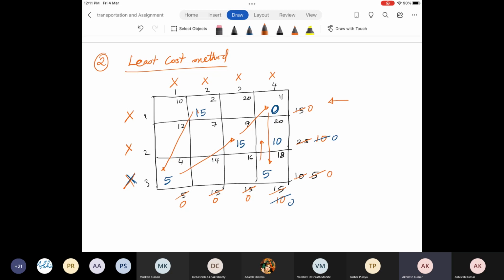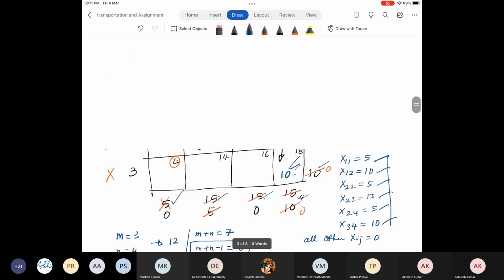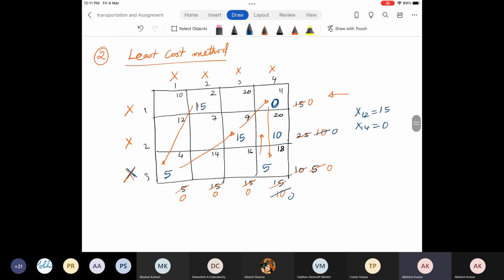Now look at how many allocations we have done. x12 equals 15, x14 equals 0, x23 equals 15, x24 equals 10, x34 equals 5, and x44 equals 5.